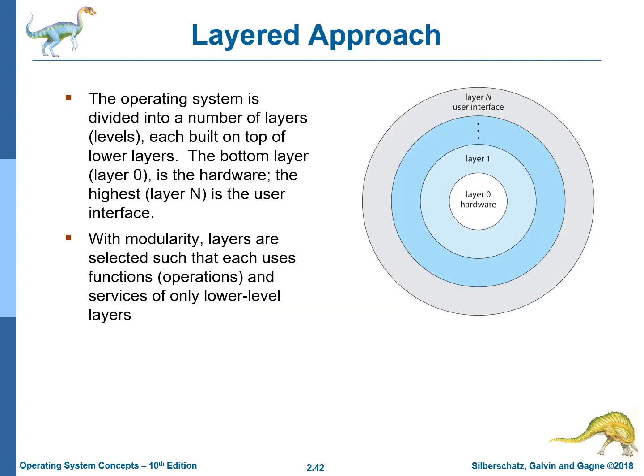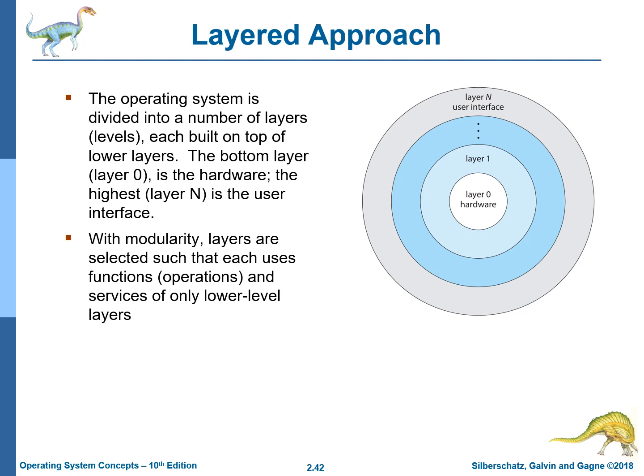Another approach is to break the operating system into a number of smaller layers, each of which rests on the layer below it and relies solely on the services provided by the next lower layer. And this is called the layered approach. The operating system is divided into a number of layers according to levels, each built on top of lower layers. The bottom layer, layer 0, is the hardware.